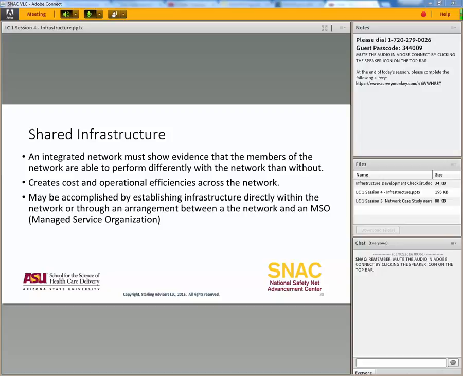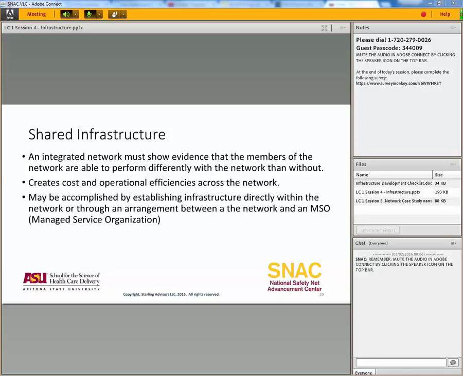But shared infrastructure creates costs, and ideally, because those costs are being shared, some level of operational efficiency. If each provider organization represented had to go out and hire an informaticist and purchase sophisticated analytic software, that's probably less efficient than if a network does that on behalf of its members and then offers that as a service.